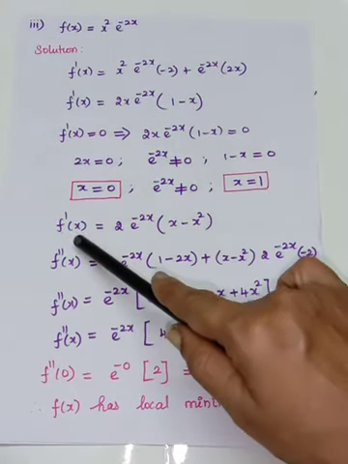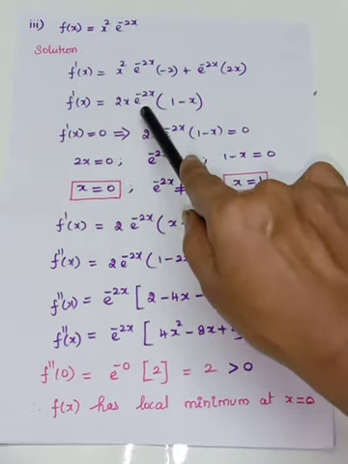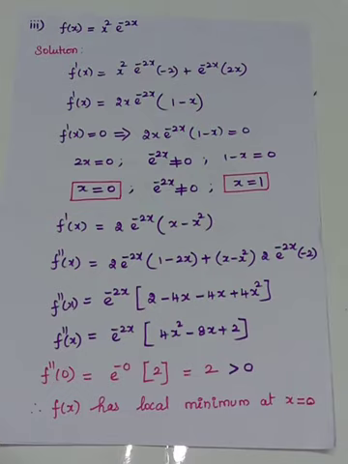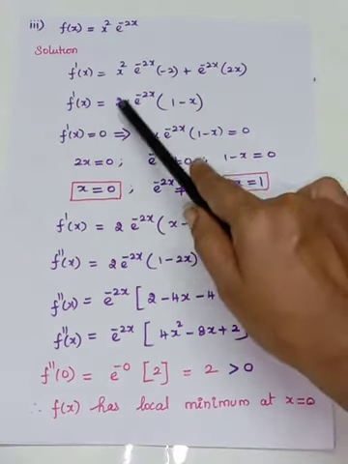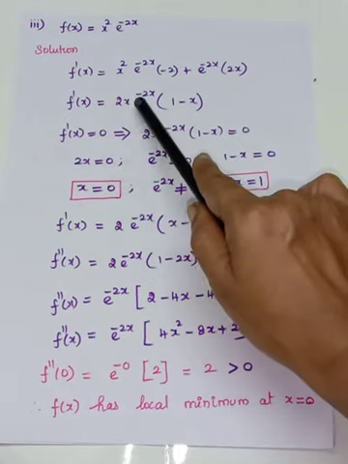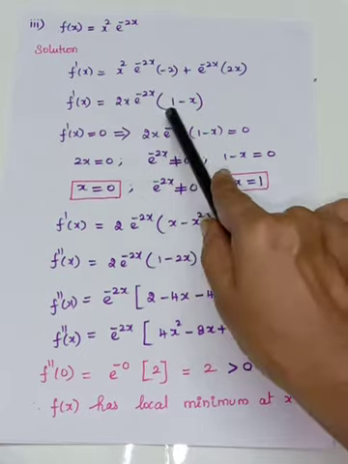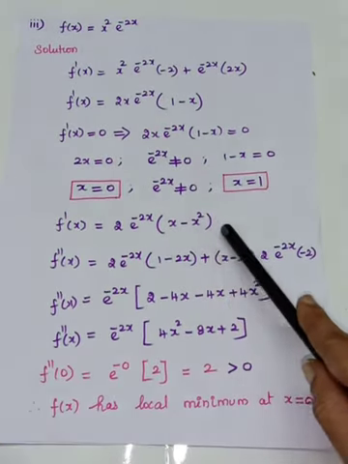So before that I am going to arrange the f dash of x. Here, if you keep this term as it is, you have to use the product rule for 3 functions. So I make it as 2. So for that 2, the constant, e power minus 2x I kept as it is. This x has to be multiplied with 1 minus x. So it is x into 1 is x minus x squared.